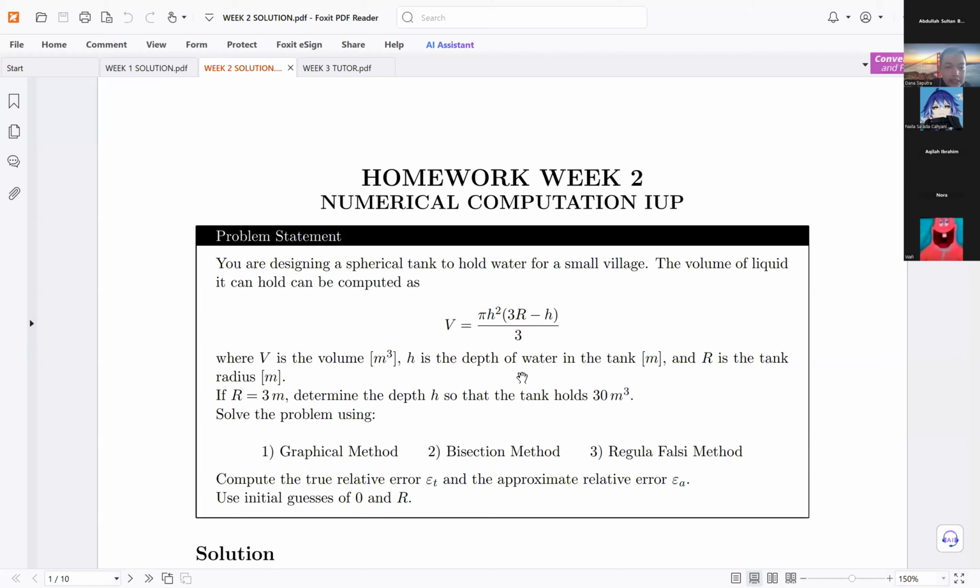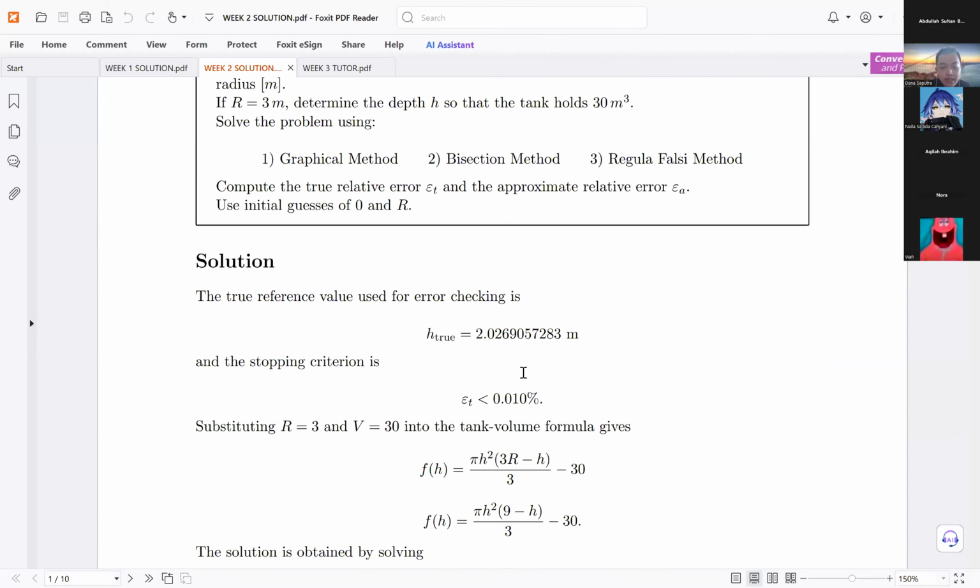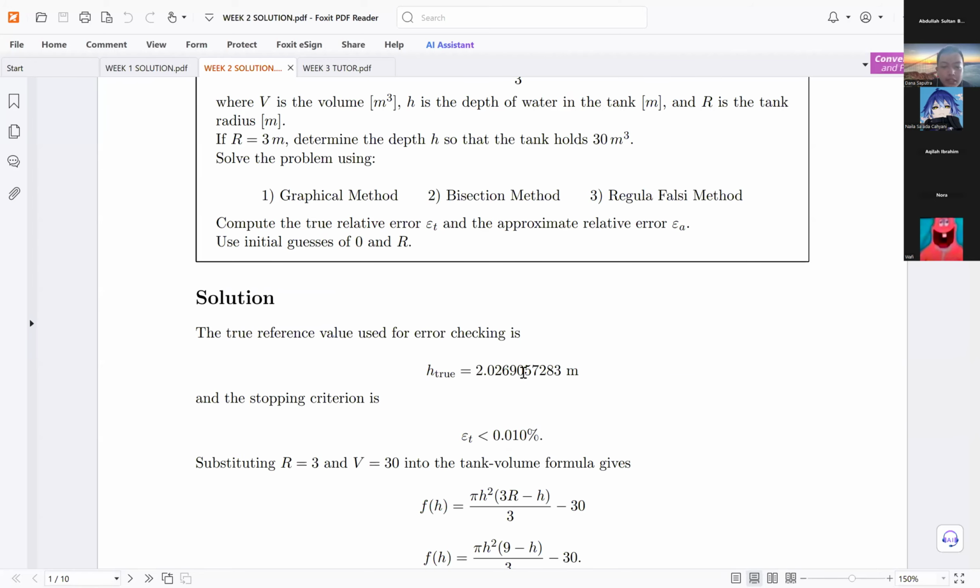So the true reference value used for error checking is 2.02 meters. And the stopping criteria, which I defined by myself, is the true relative error less than 0.010%.